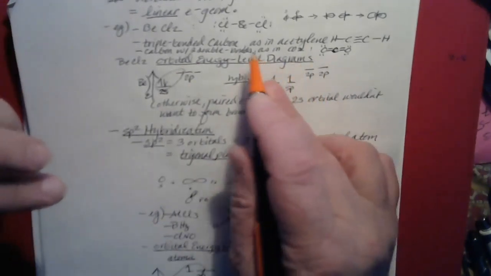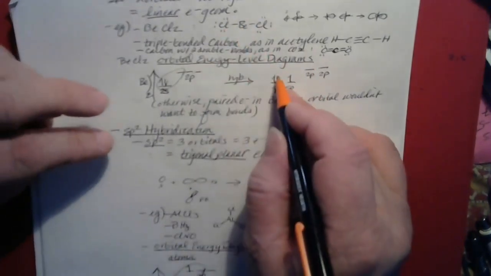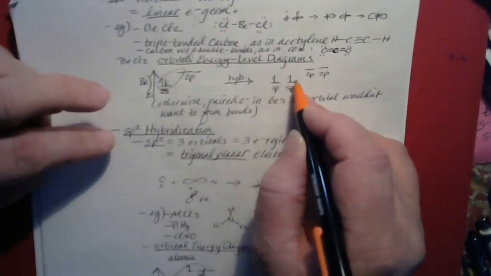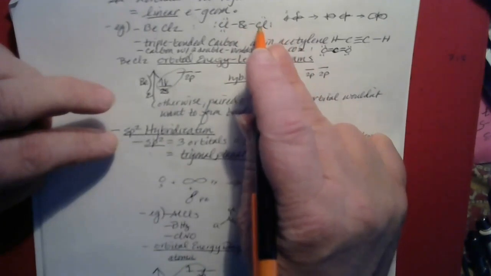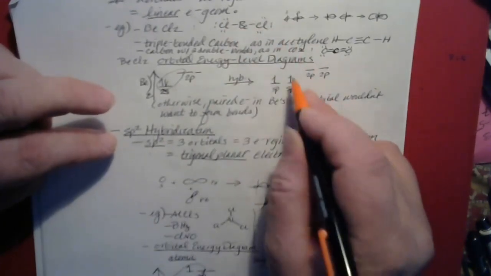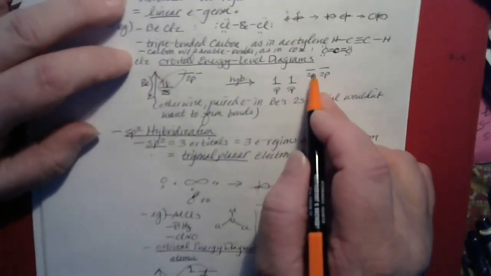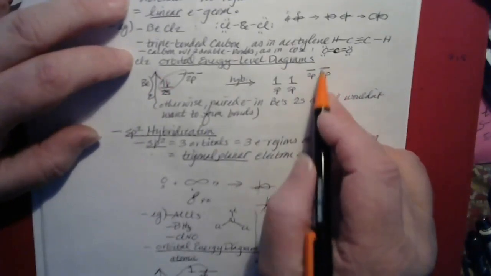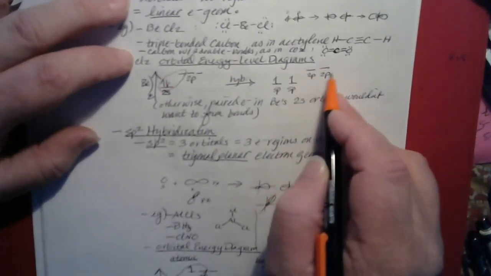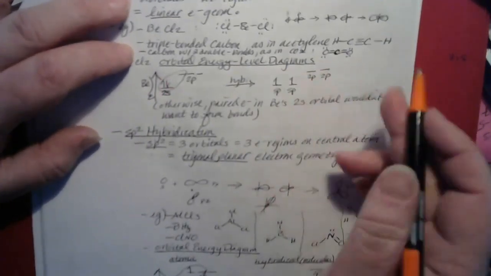One electron from a chlorine, in this case, would pair up with this electron, and an electron from the other chlorine would pair up with this electron. And you still have left over the two 2p orbitals that have not hybridized. They're still there. They're empty, but they're there.